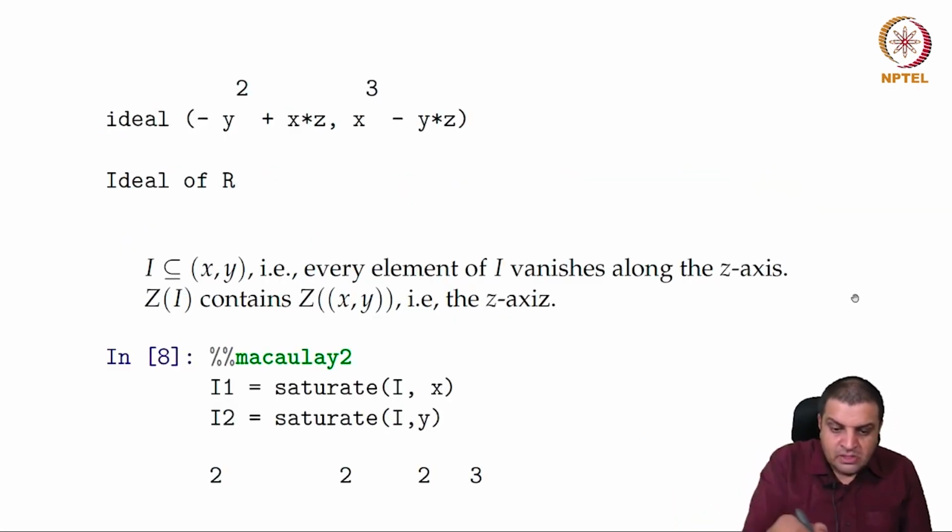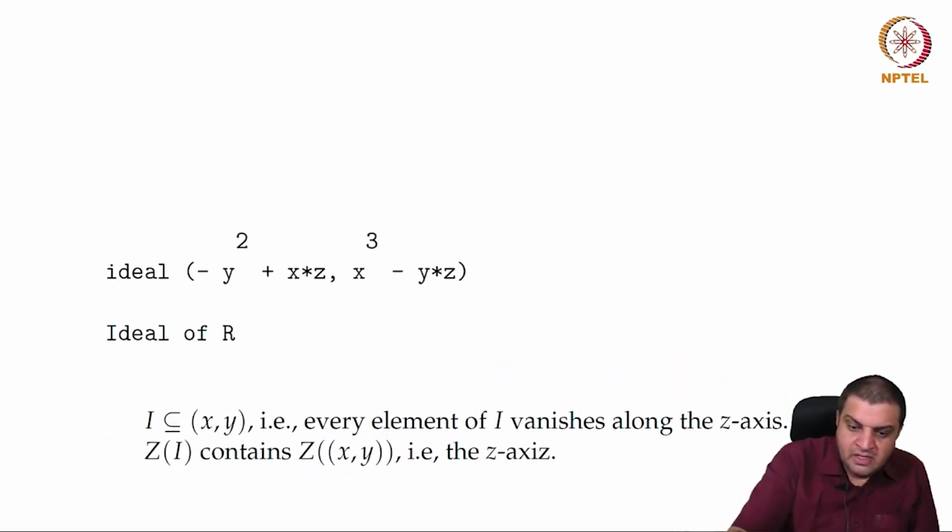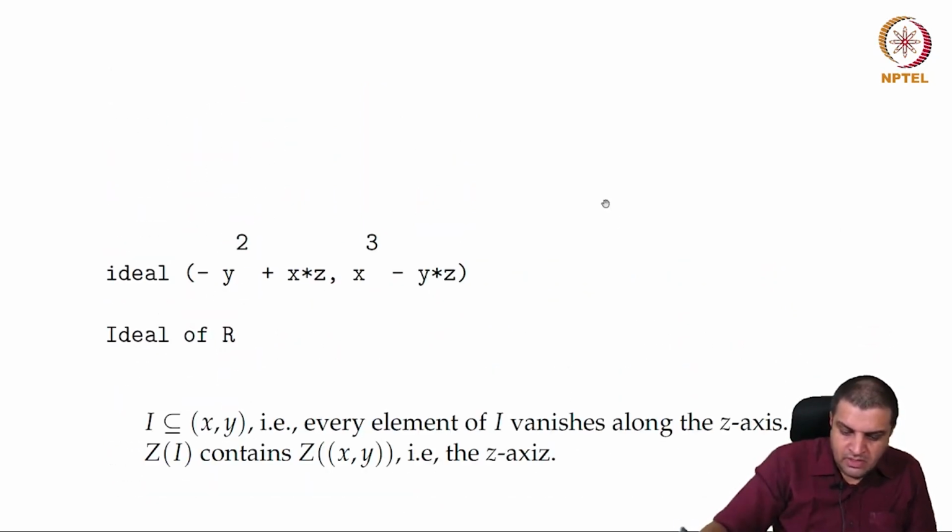So just by looking at this, we notice that every generator of I involves x or y. So I is contained inside the ideal generated by xy. In other words, when we say Z of I, it's not over this field, but over the algebraic closure of the field where it was defined.